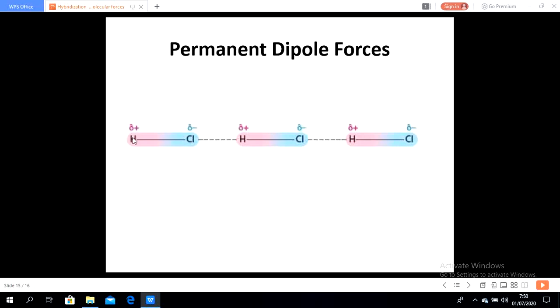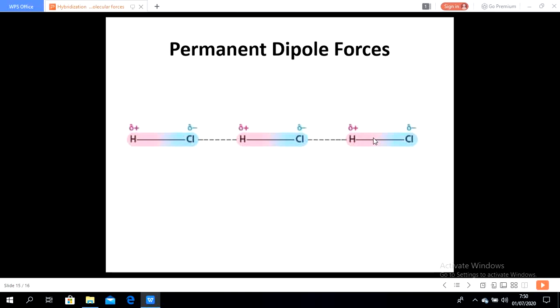And this makes a permanent dipole. Permanent means there is an electronegativity difference in the structure. So HCl has an electronegativity difference. That makes the Cl attract to the H of the other HCl molecule. So the attraction is connected. That makes the boiling point of permanent dipole forces higher than instantaneous dipole forces.